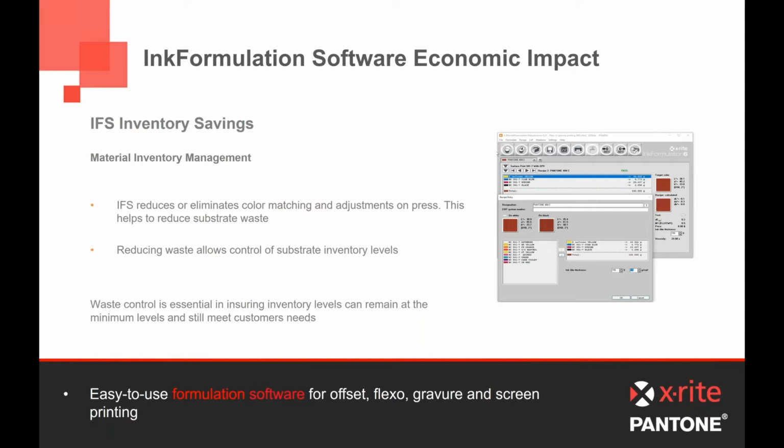So this helps to reduce waste because your physical numbers in relationship to the substrates that you have to carry are much more accurate, which in turn reduces the amount of uncontrollable inventory of your material. And that is an essential part of maintaining the levels of your substrates.